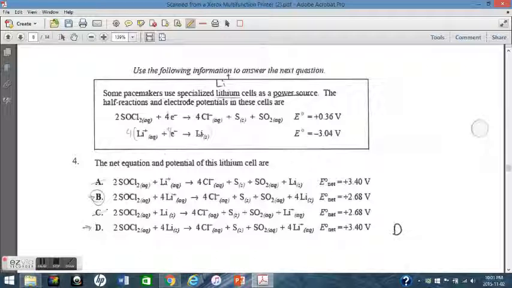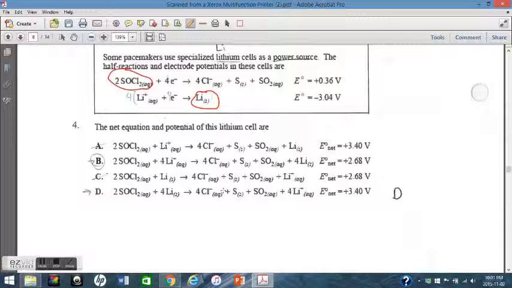Now in the case of this cell working, we're going to actually have the lithium as the solid lithium as our starting material. And so what we've got is, you're absolutely right, this would be your oxidizing agent, this would be your reducing agent, but when we balance it, we have to have 4 electrons gained and 4 electrons lost. And so the correct answer is going to be D.